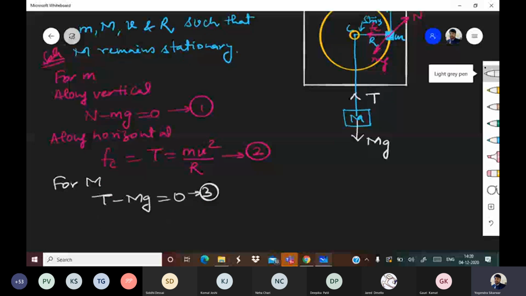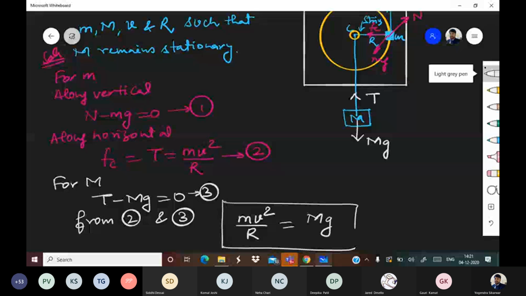So from 2 and 3, what we can see is small mv square by r is equal to capital M G. This is the relation actually. This is the answer.